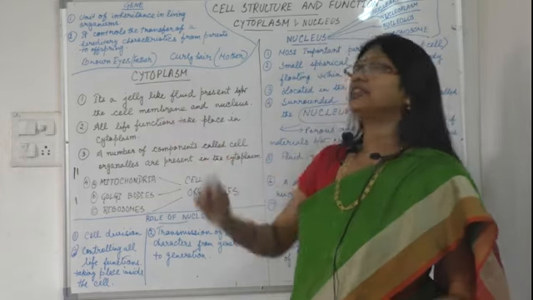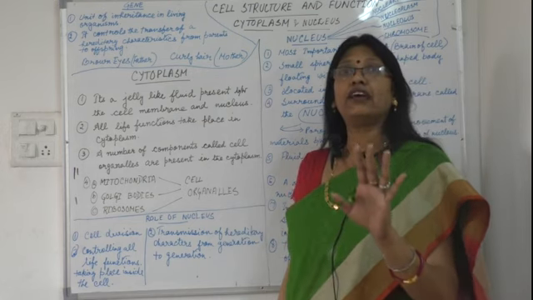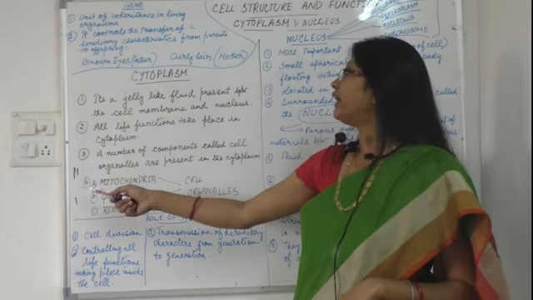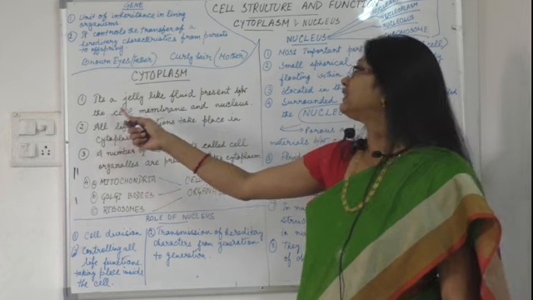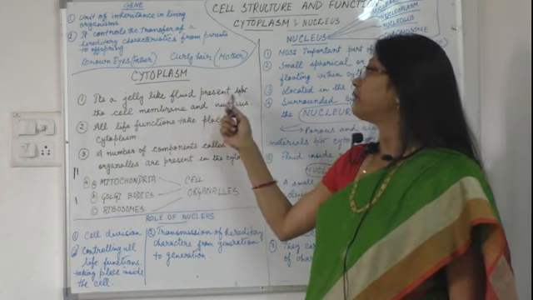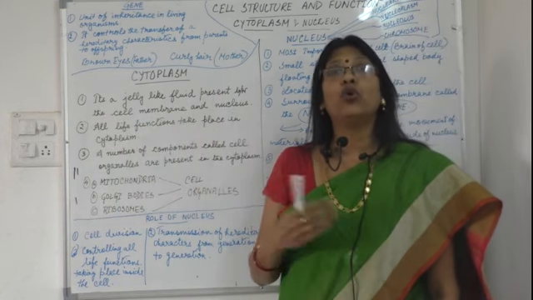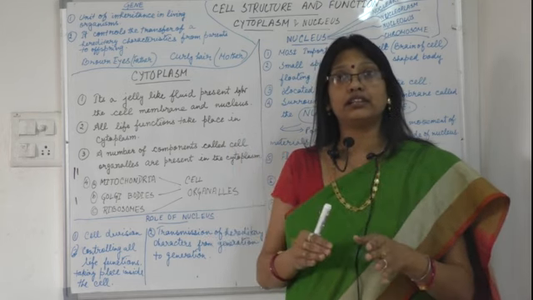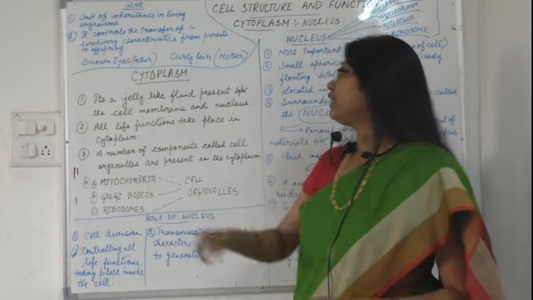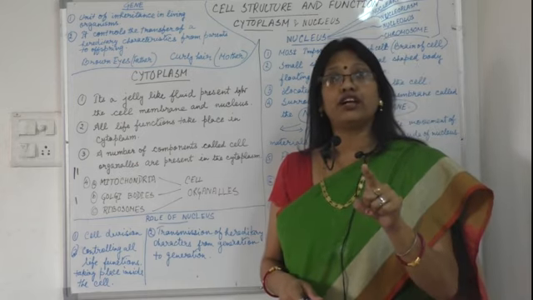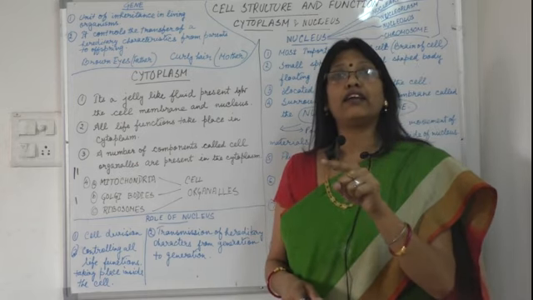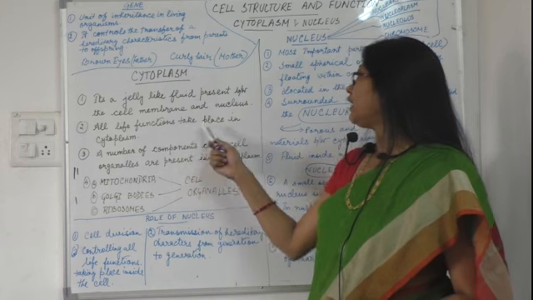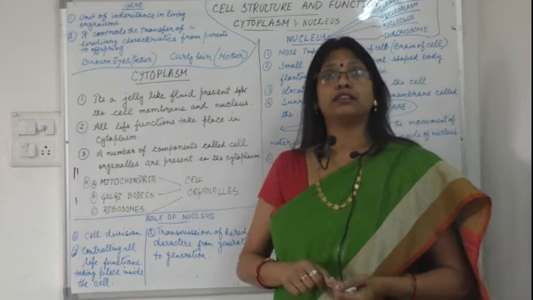So in cytoplasm we have learned three points. First, it's a jelly-like fluid present between the cell membrane and nucleus. Understand? Second, all the life functions of the cell take place in cytoplasm.